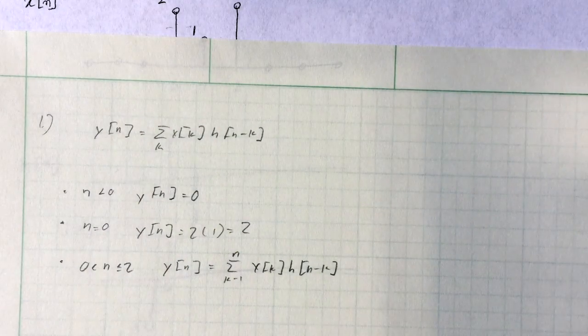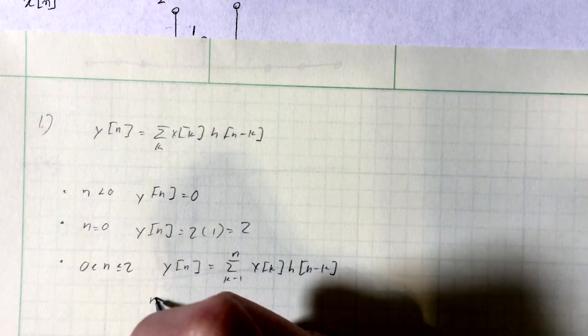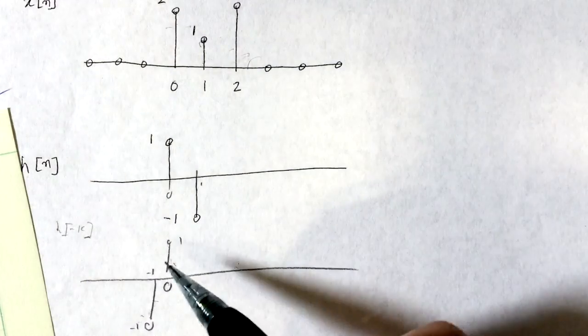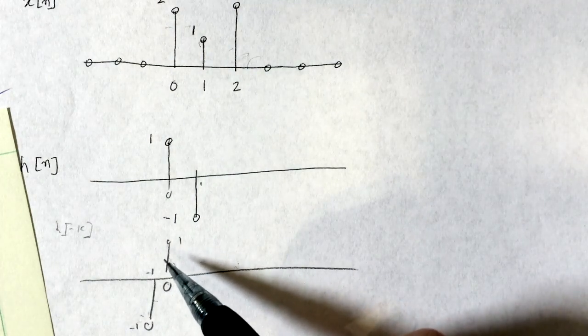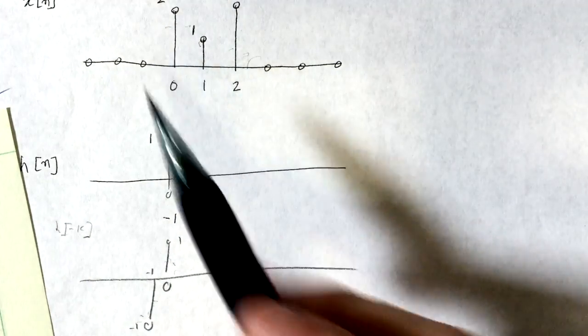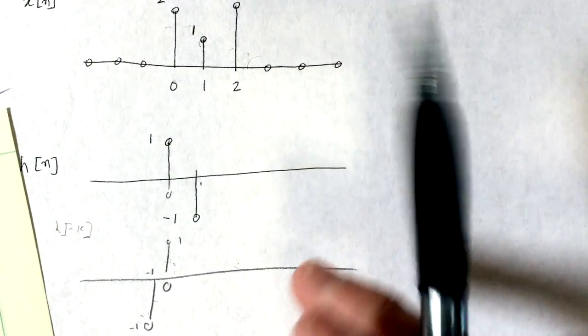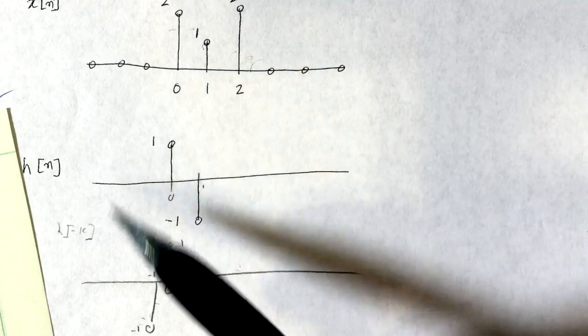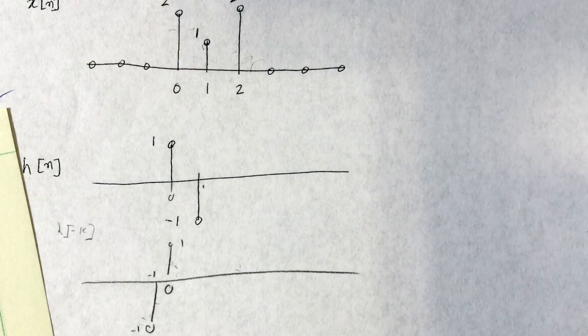This is a discrete time one, and it's fairly simple to see it. There's not a lot of values, so we can just go ahead and compute it. So when n is equal to 1, it's going to be shifted to the right by 1, so this and this will overlap, this and this will overlap. So we have 1 times 1 is 1, 2 times negative 1 is negative 2.